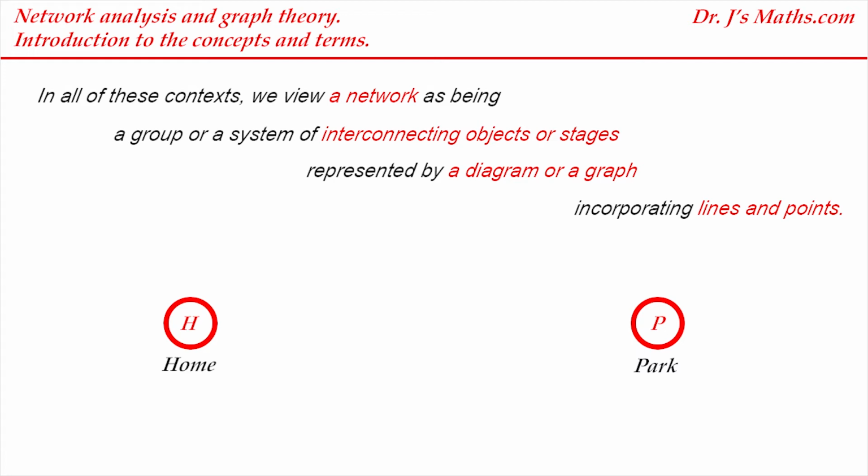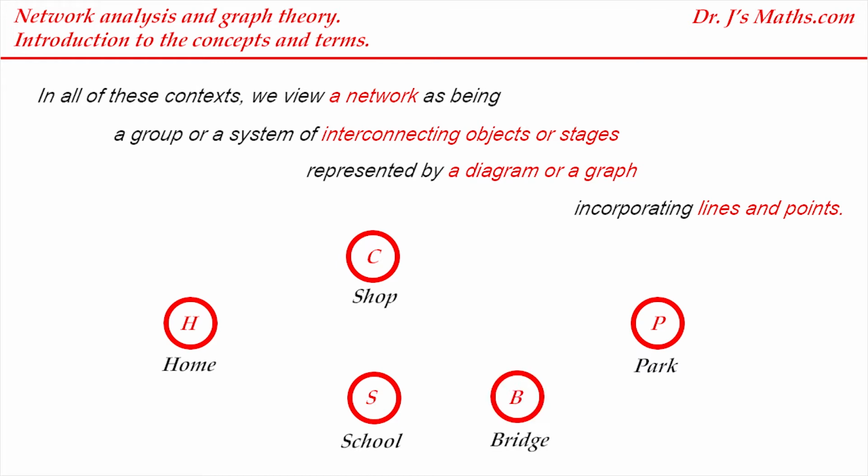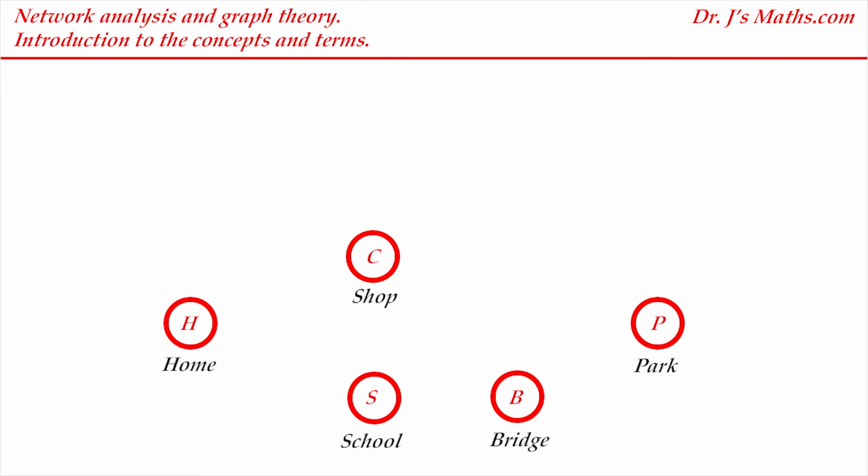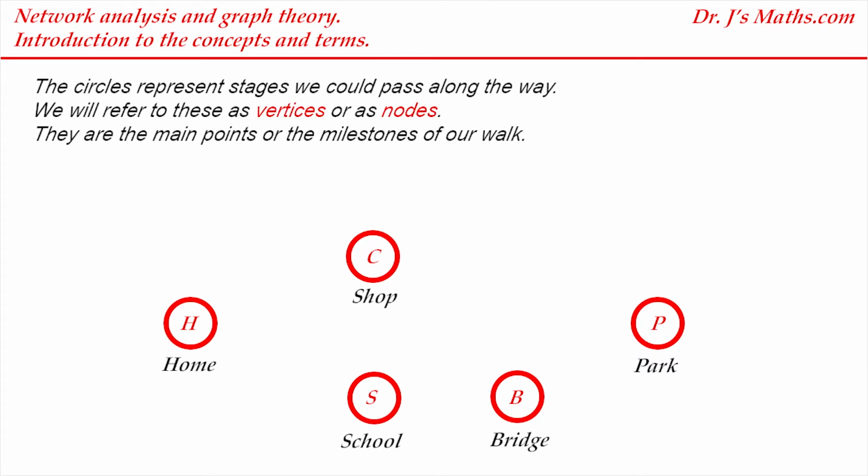Now, in the area, we have a shop and we also have a school and a bridge nearby. Now, each of these circles represents a stage I would pass along the way from home to the park. And we will refer to these circles as vertices or as nodes. They are the main points or the milestones on our walk.